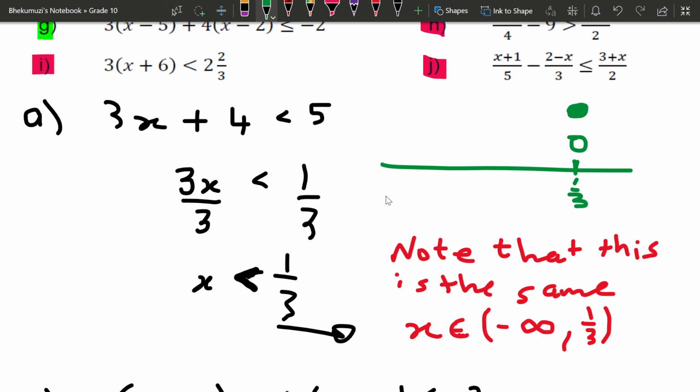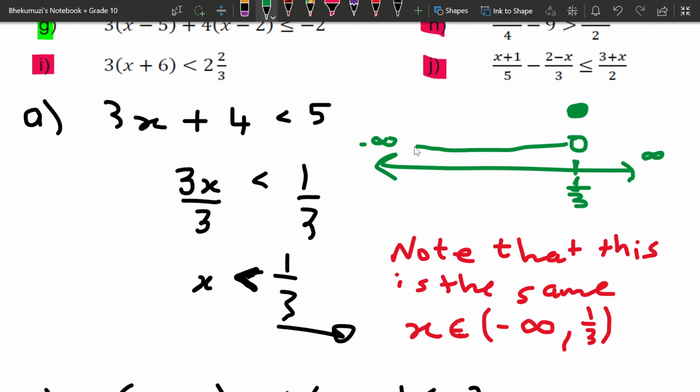Now what does it mean? Imagine this number line. This is going to negative infinity, and this is going to positive infinity. So you have 1 over 3 here, and we are saying x is less than 1 over 3. That means all the numbers that are less than 1 over 3.